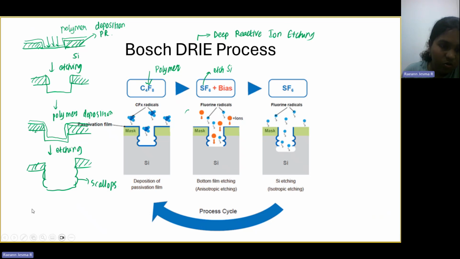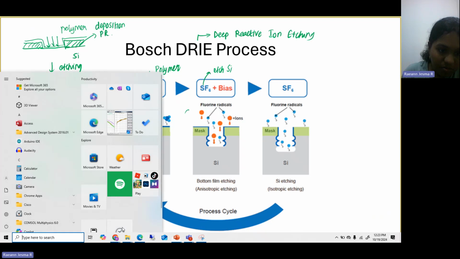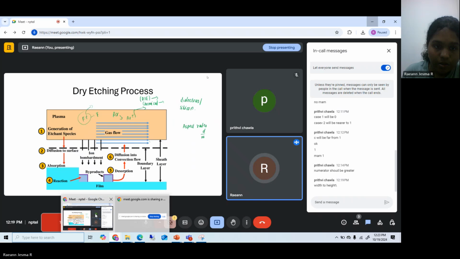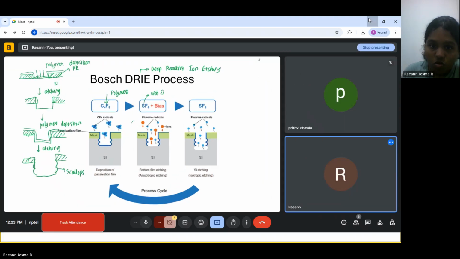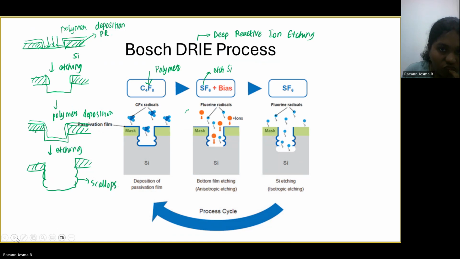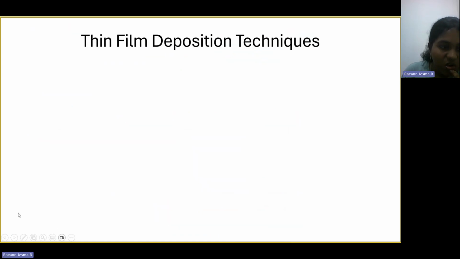We looked at some etching processes, right? There are also some thin film deposition processes that we had shown in the lecture. We can generally classify these into two. One is physical based, and another is chemical based deposition methods.